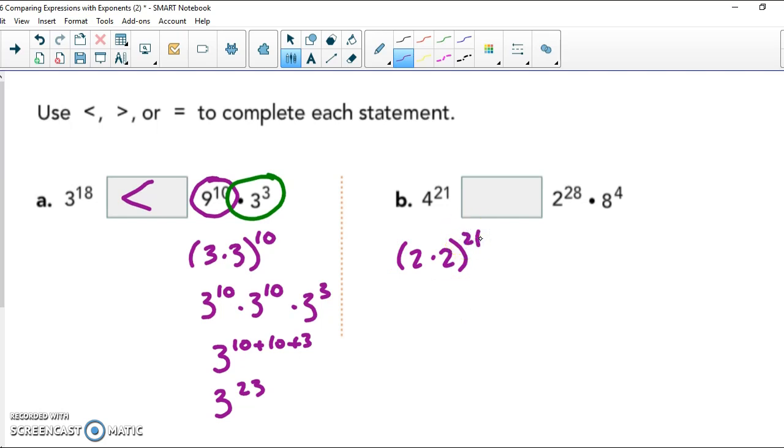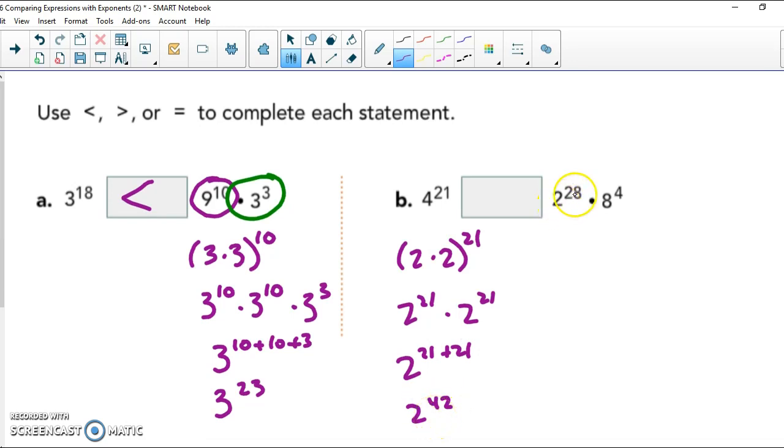And I'm going to raise that all to the 21st power. So I am really doing 2 to the 21st times 2 to the 21st. So if I apply my multiplication property, my base stays the same, and I add my exponents. So this is really like 2 to the 42nd power.